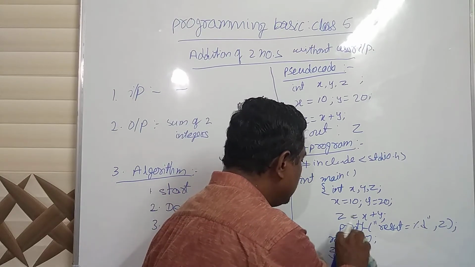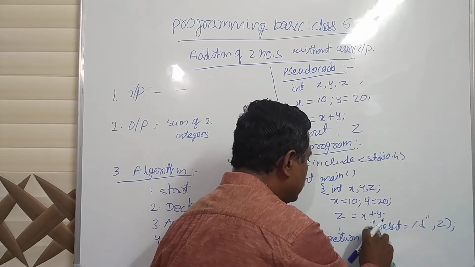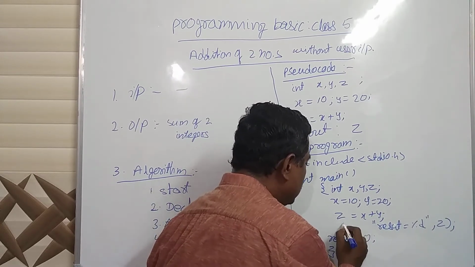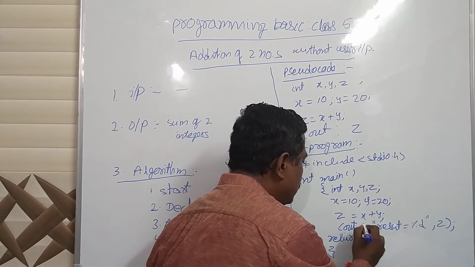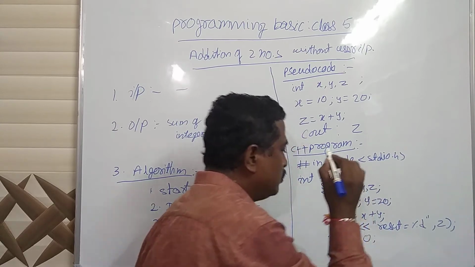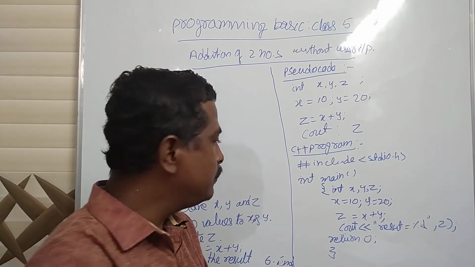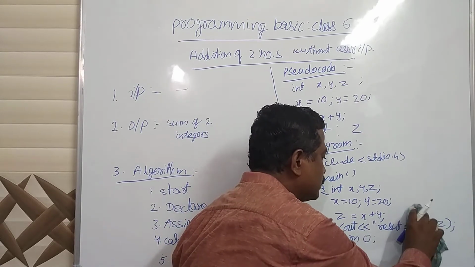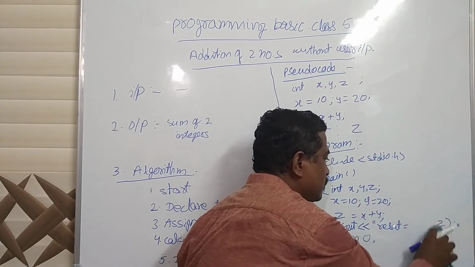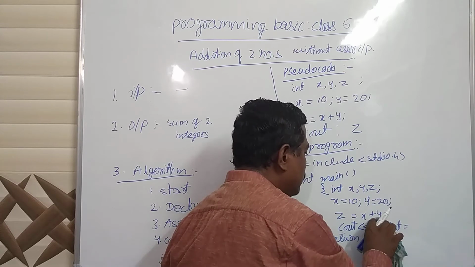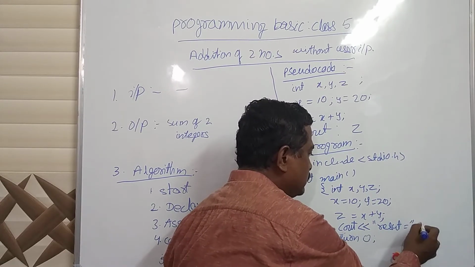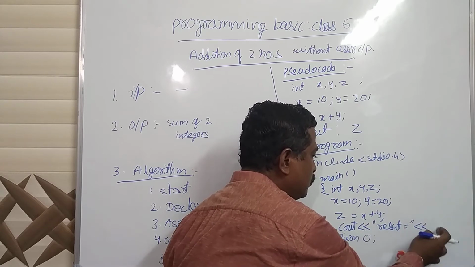So here also it will be cout, two greater than signs. Okay, now this is the format in C++. No percentage will be there. Double quote. Now what after that, what you want to print?